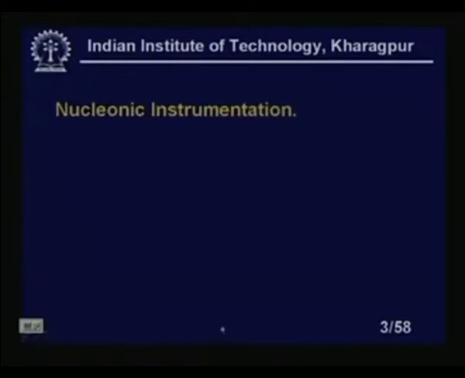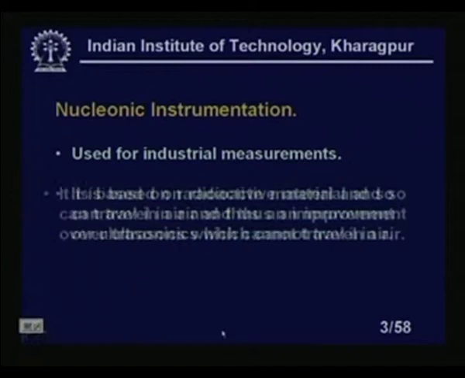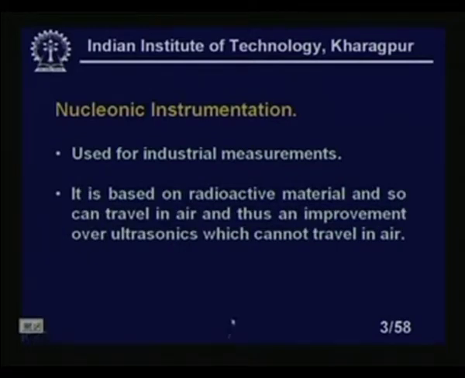Right. Now, nucleonic instrumentation is used for industrial measurement. It is based on radioactive material, so it can travel in air, and is thus an improvement over ultrasonics, which cannot travel in air. We have seen that if you try to launch ultrasonic waves in air, it is almost impossible.